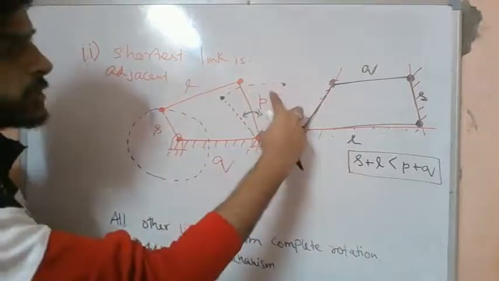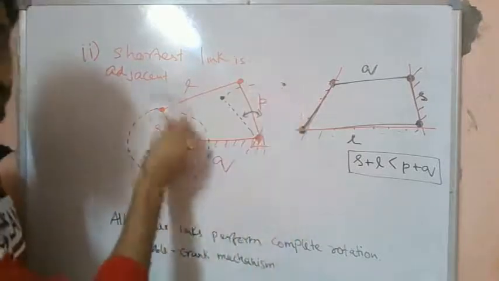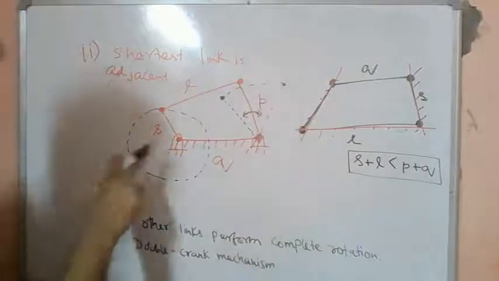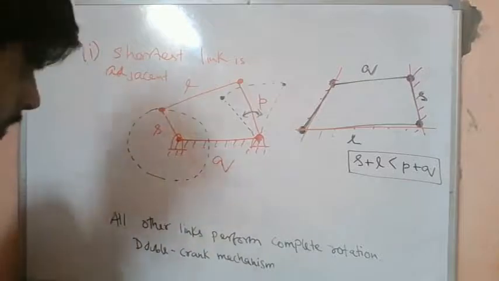If the shortest link is placed over here, then this one will oscillate. If the shortest link is placed here, then this one will oscillate. In such a case, we will call this a crank rocker mechanism.